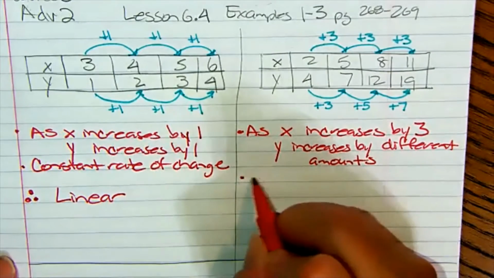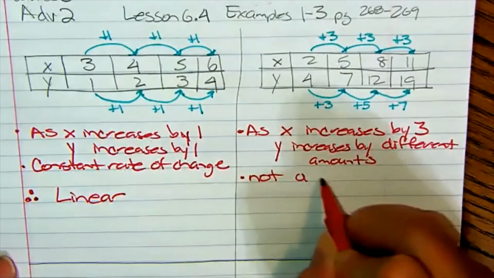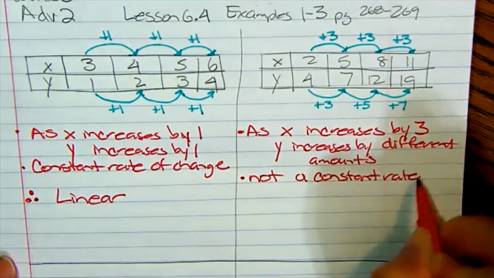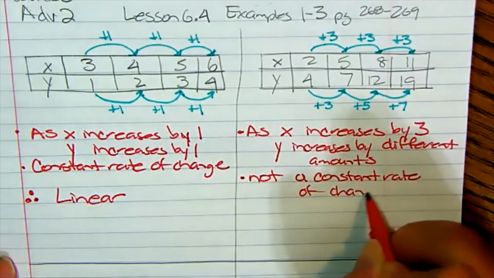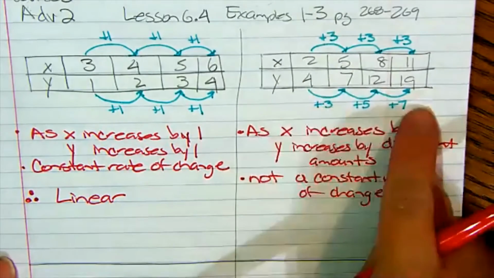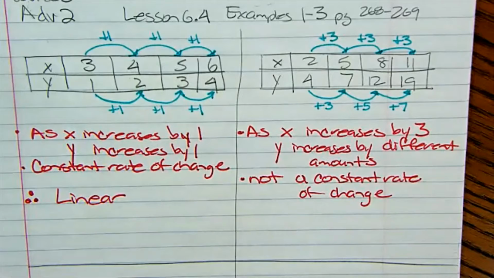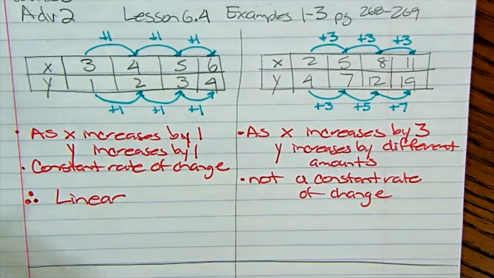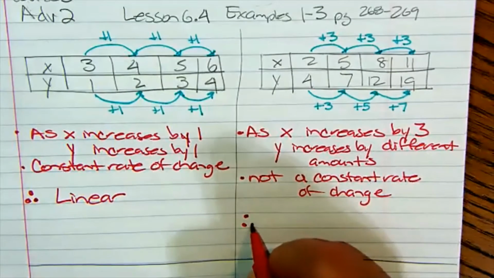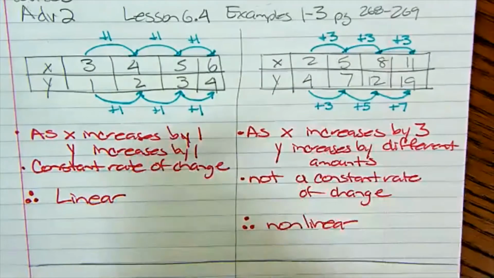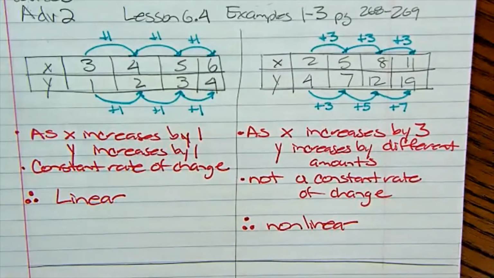So this is not a constant rate of change. This is not constant. +3, +5, +7. Not constant. Therefore, this is a nonlinear function.